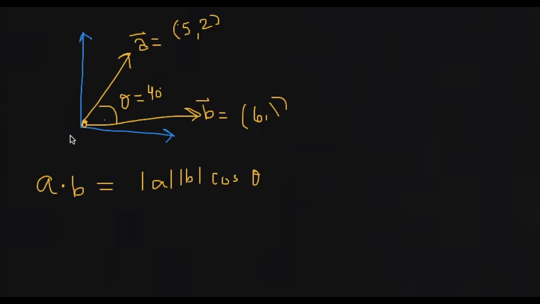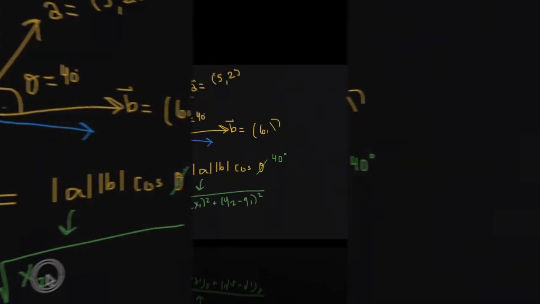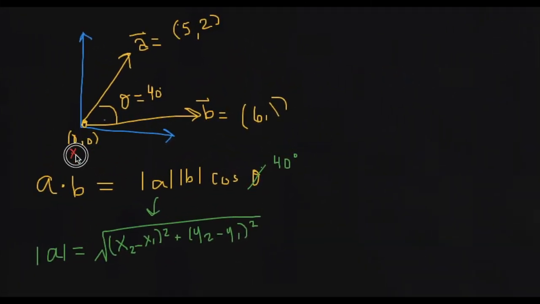Note that both of these vectors start from the 0, 0 position. First thing we can do is fill out the cos of theta because theta is 40 degrees. Recall that the magnitude equation is the square root of x2 minus x1 squared plus y2 minus y1 squared. Let's label each of our coordinates. 0, 0 is going to be x1 and y1, and 5, 2 is going to be x2 and y2.